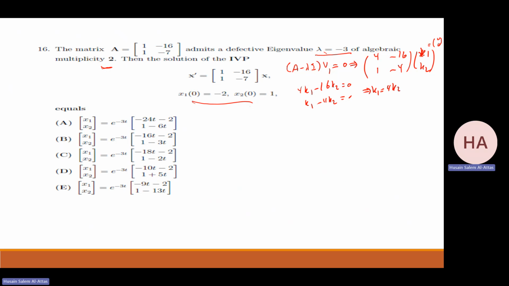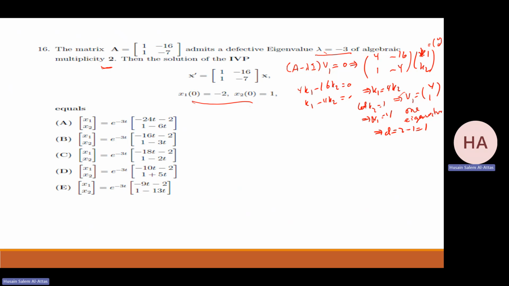I have only one eigenvector, and that eigenvector, I let k2 equal 1, so I get k1 equal 4. So that will be 4, 1. Only one eigenvector. So d will be 2 minus 1, which is 1. I have a defective eigenvalue.